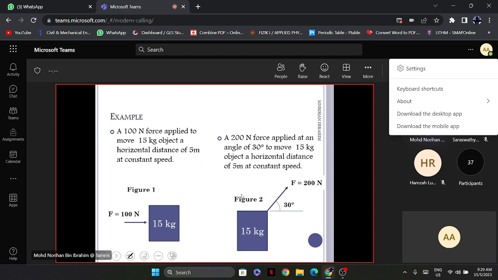Let's continue with this example. Example 1. A 100 Newton force applied to move 15 kilogram object a horizontal distance of 5 meter at constant speed. So maknanya basic equation yang perlu kamu ingat betul-betul adalah this one, the basic equation for the constant forces.